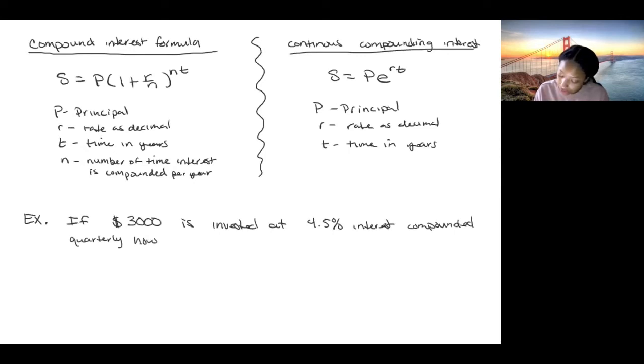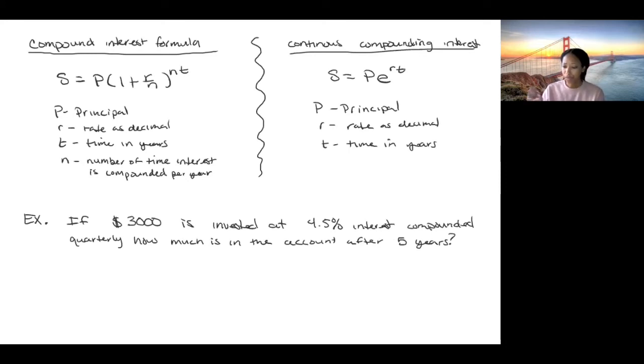How much is in the account after 5 years? So this means we put $3,000 into an account for 5 years, we just let it sit there. During those 5 years, the $3,000 is earning interest. Yay. How is it earning interest? Every quarter, the interest is added to the account.